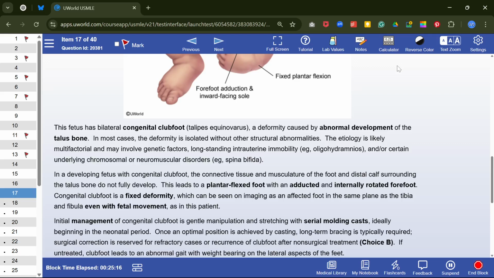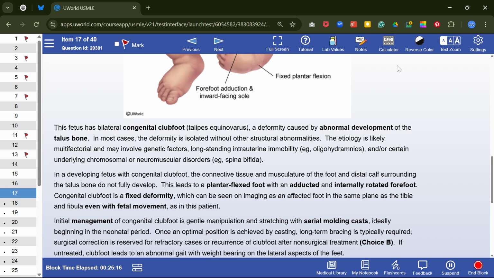Spina bifida may be present. In a developing fetus with congenital clubfoot, the connective tissue and the musculature of the foot and distal cuff surrounding the talus bone do not fully develop. This leads to a plantar flexed foot with an adducted and internally rotated forefoot.